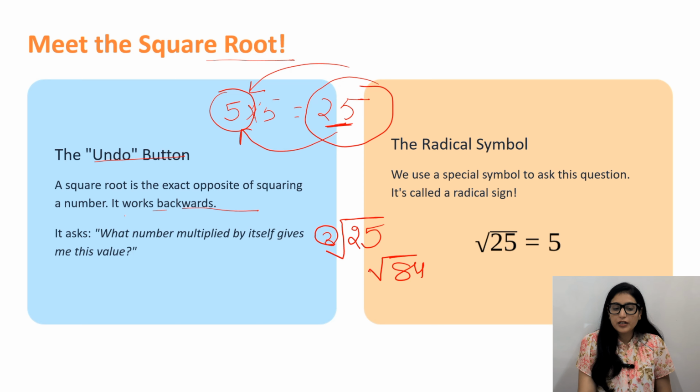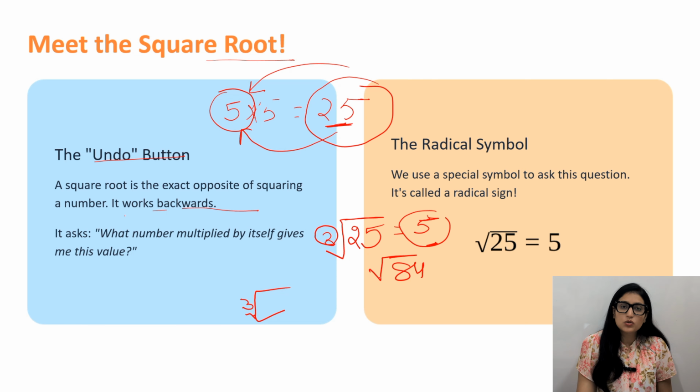But if you are finding a cube root or any nth root, you have to mention it here. Clear? Now, if I say square root of 25, what is the reverse of 25? How did you get 25? When 5 was multiplied by itself, we got 25. So 5 is the square root of 25.